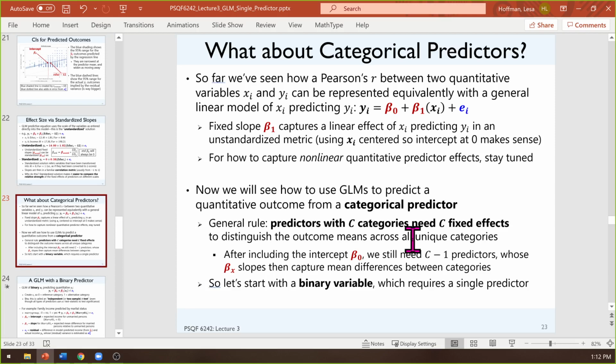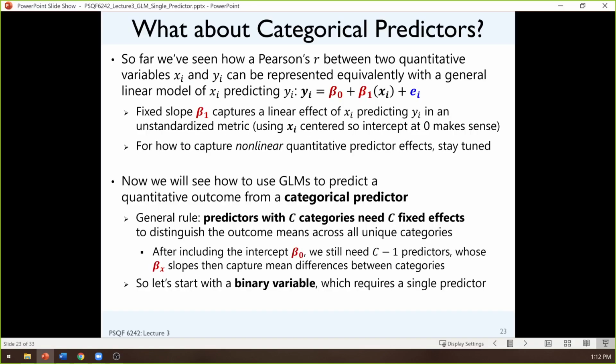So slide 23. Lecture 3 is where we're picking up. So it says, what about categorical predictors? Well, I told you like a half hour ago that you can have any kind of predictor that you want in your general linear model, and that is indeed true. So we'll start with an example of just a binary predictor, and then next unit, we'll talk about how you would do an ordinal one and how you would do a nominal one.